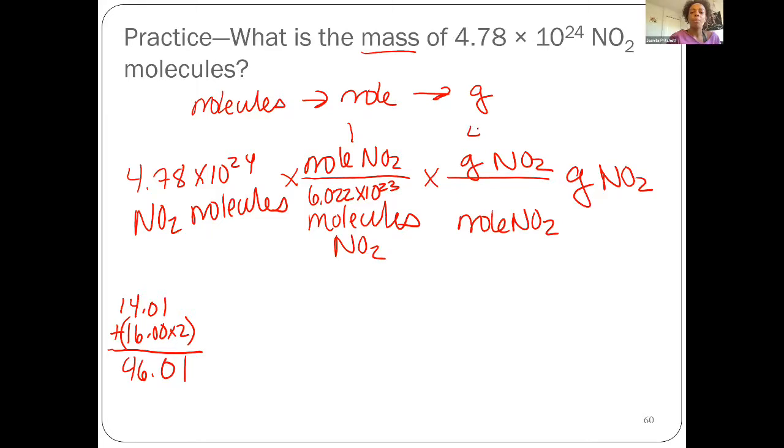That would go up top. 46.01 is to 1 mole. When we plug that in, we end up with 4.78 e to the 24 times 46.01 divided by 6.022 e to the 23. And that gives us a total of 365 grams of nitrogen dioxide.